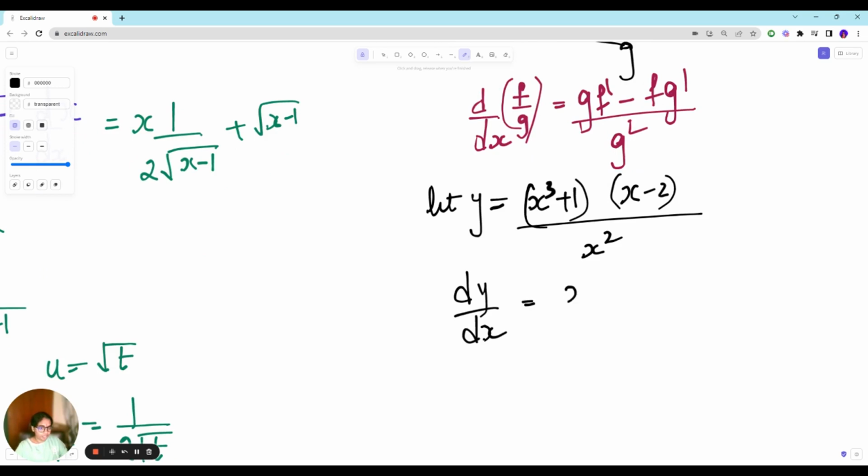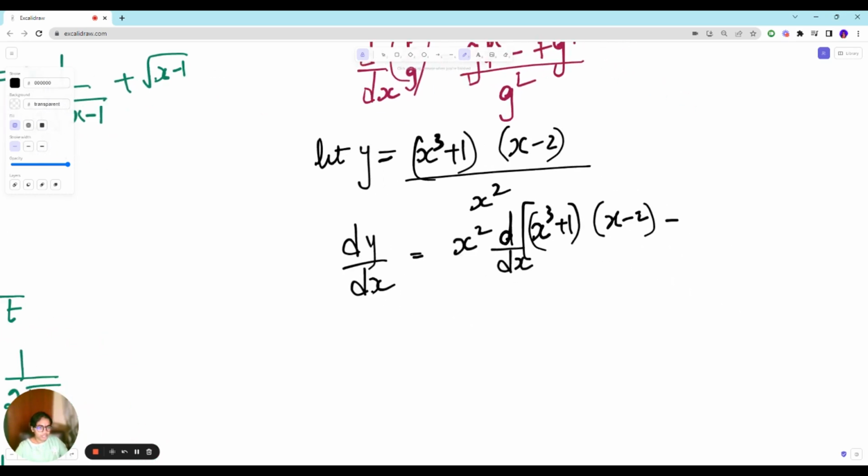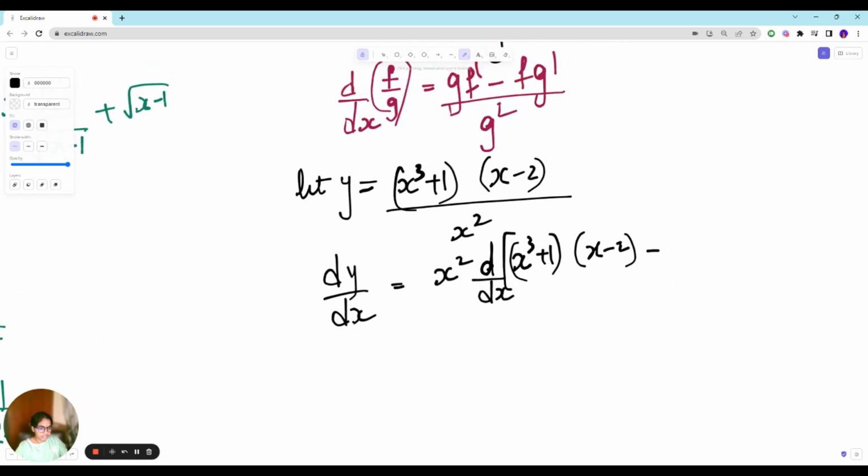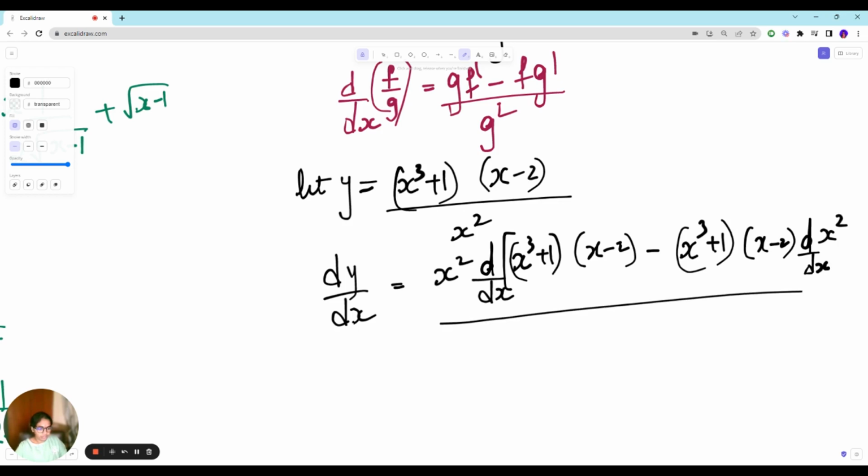I'll write the denominator as it is, times the differentiation of the numerator, that is (x cube plus 1) into (x minus 2), minus, keep the numerator as it is, that is (x cube plus 1) into (x minus 2), times the derivative of the denominator, that is x square, whole thing divided by x to the power 4.